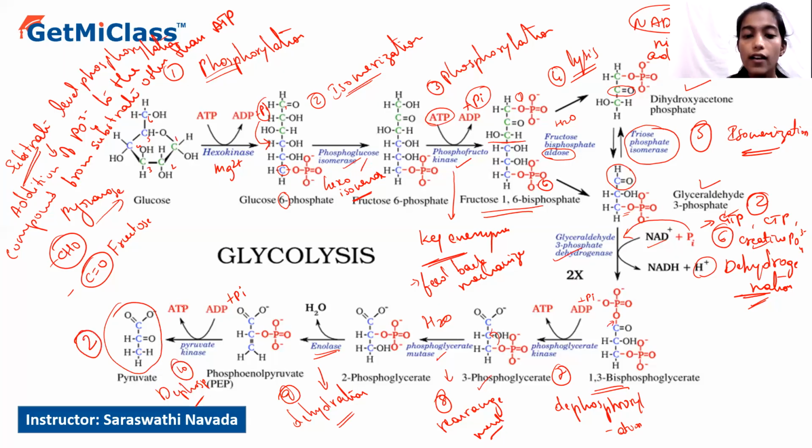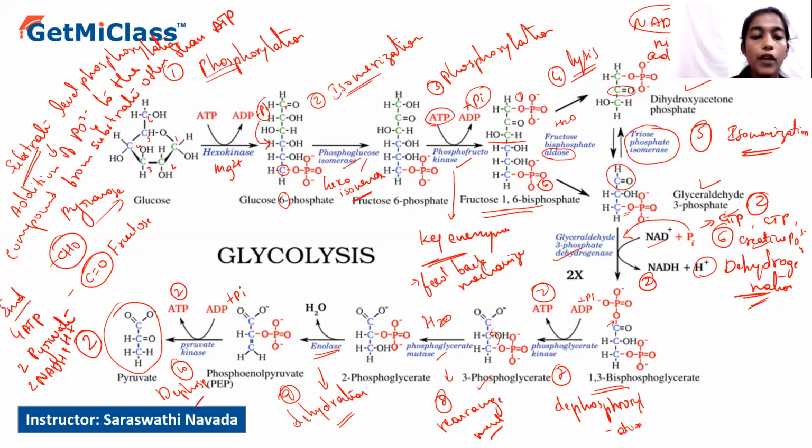Similarly, here 2 molecules of ATP and here 2 molecules of ATP, so we'll get 4 ATP molecules and 2 molecules of pyruvate. Similarly, one NADH molecule is formed for one glyceraldehyde 3-phosphate. As 2 molecules are involved, we'll get 2 molecules of NADH as well as H plus. So these are the end products of glycolysis.